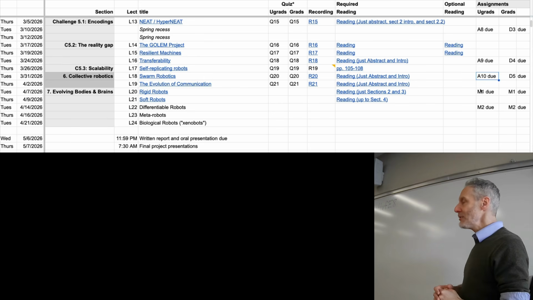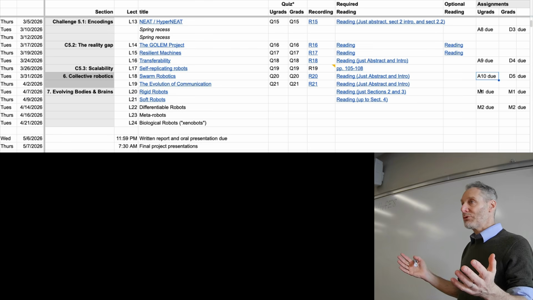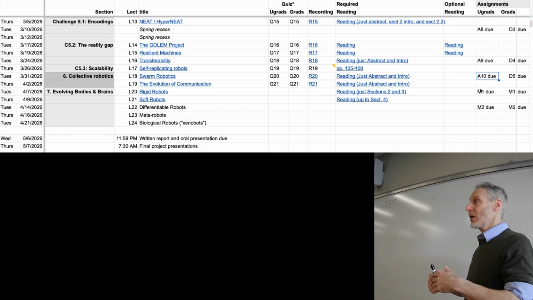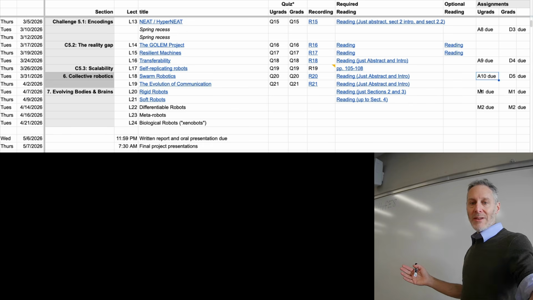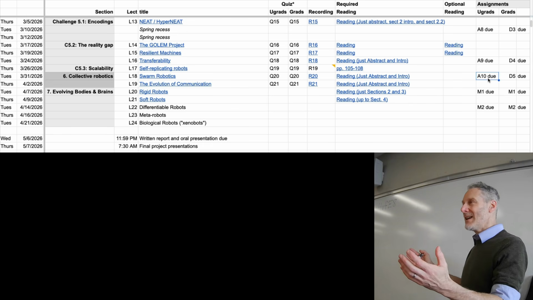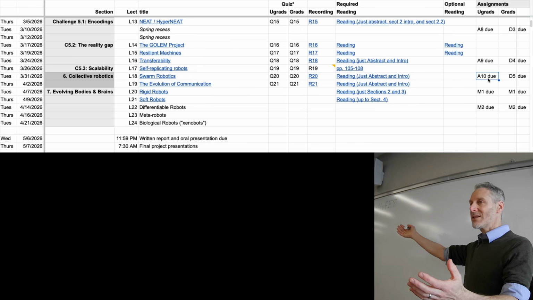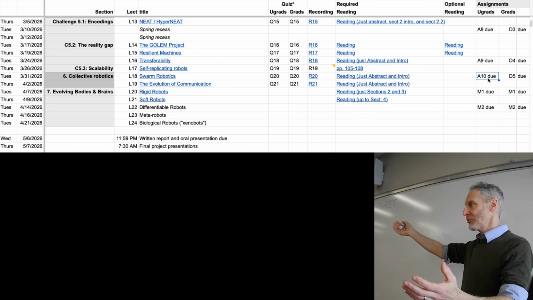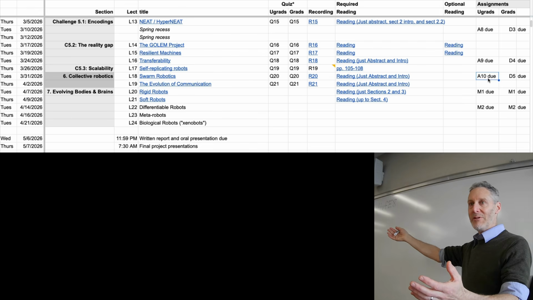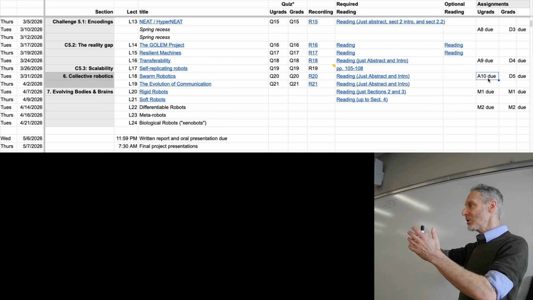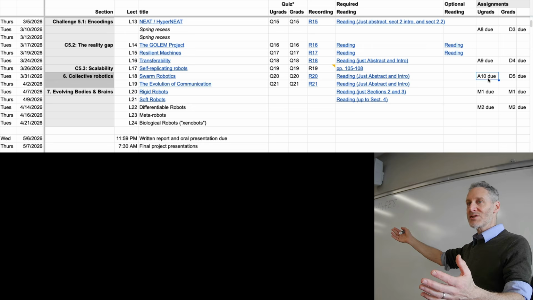If you're tackling a different project in which there's a completely different robot body or a completely different robot environment or a completely different fitness function, then having A10 as version A probably doesn't make sense because your version B is going to have a different robot body, a different brain, a different fitness function, a different environment, and so on. That would be what's called an apples and oranges comparison.